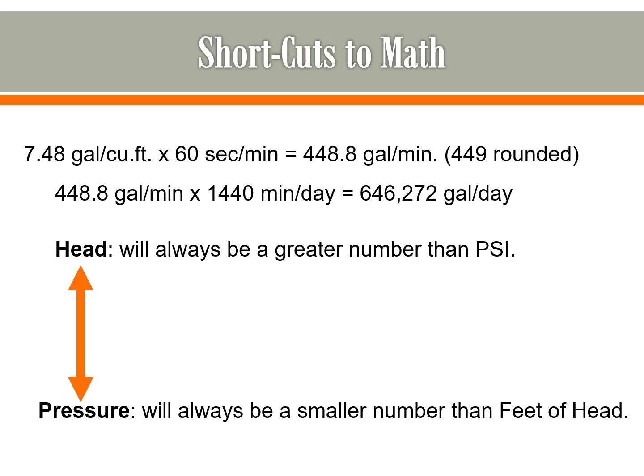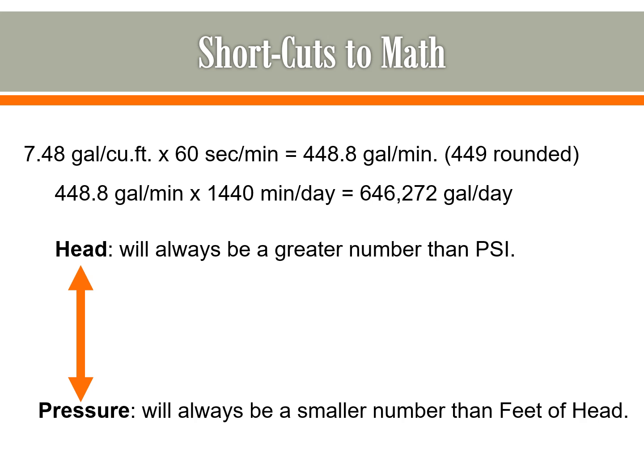Anytime you're doing a problem where either pressure or feet of head are involved, just knowing that feet of head, if that's the unit you're trying to calculate, is always going to be a greater number than the PSI, right?